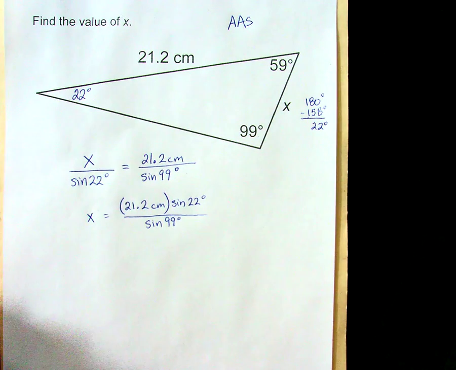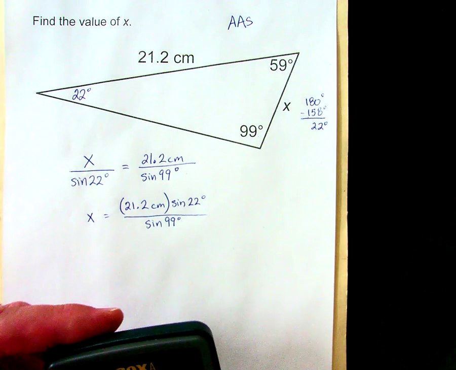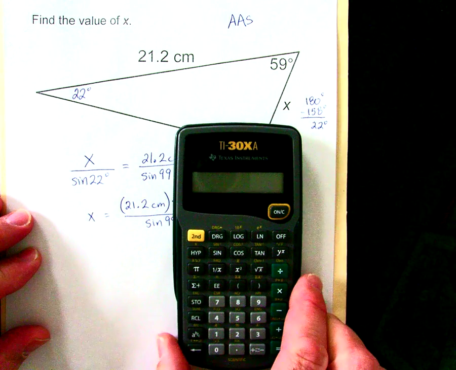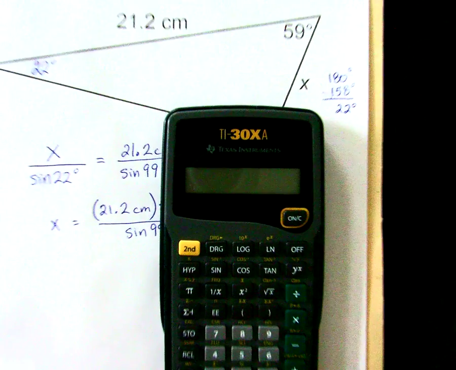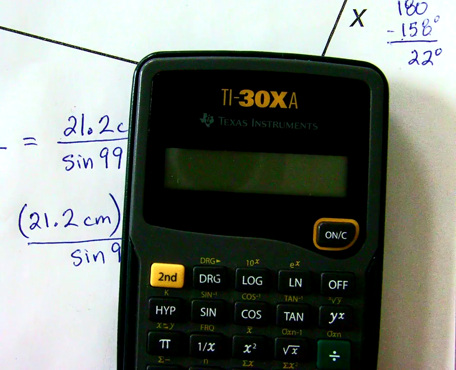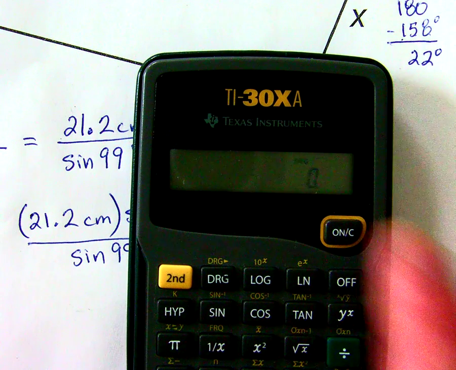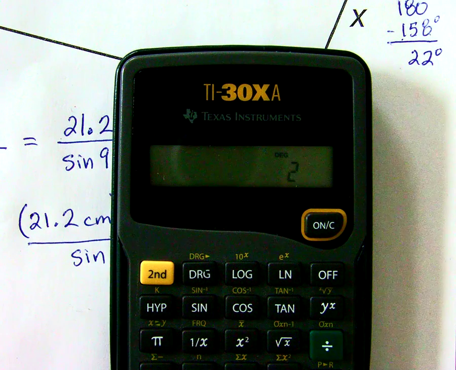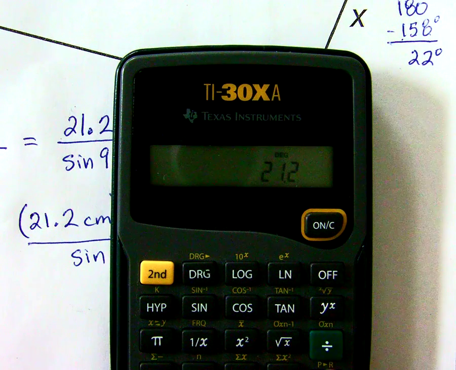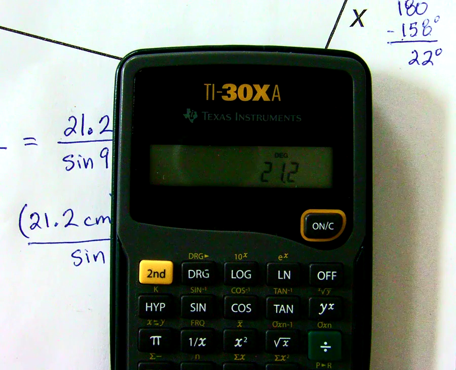Now I can use my calculator. Let me zoom in on it here. I'm going to have 21.2 times the sine of 22 degrees.